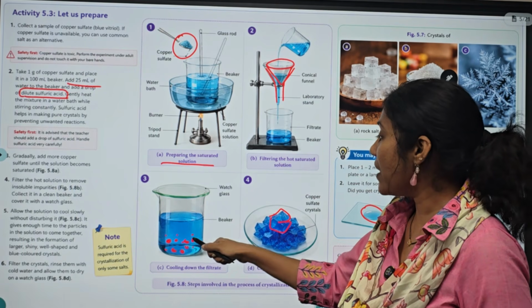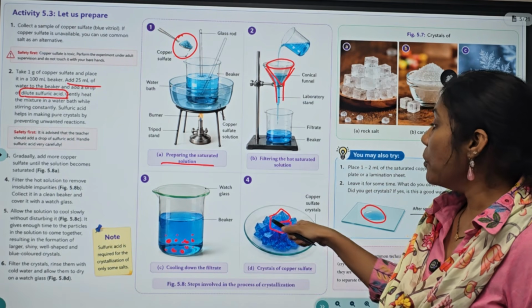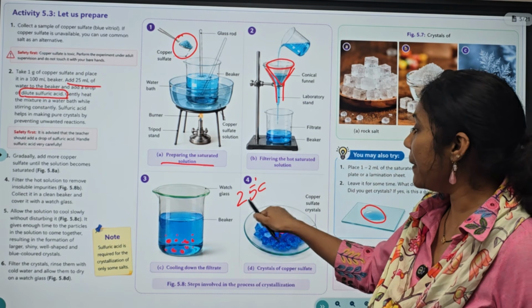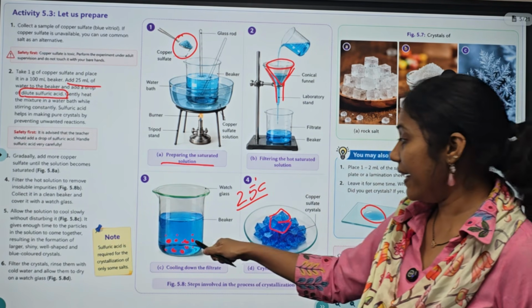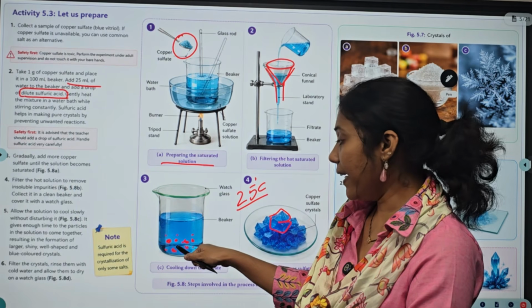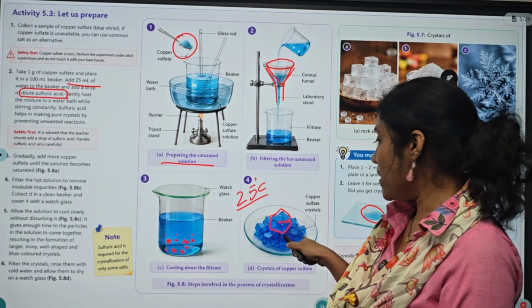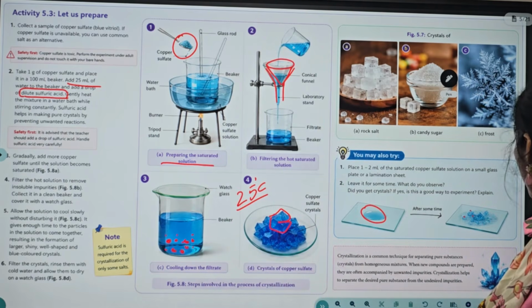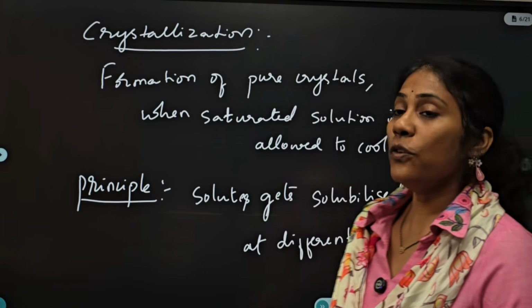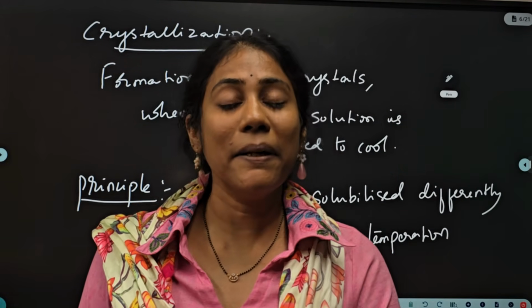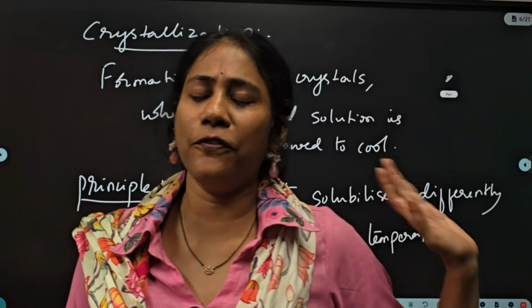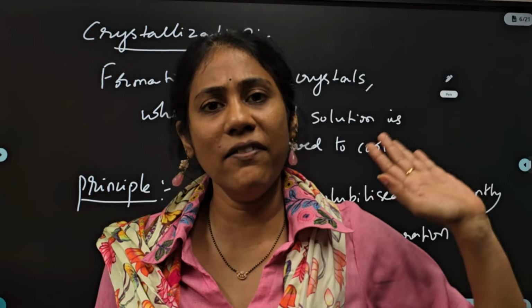But the same extra copper sulfate solution, the moment you cooled it, the moment you bring the temperature down to 25 degrees centigrade, it is not solubilized. Its solubility decreased. That is why it reappeared as beautiful crystals. That is what we mean by solutes getting solubilized in a particular solvent at different temperatures.